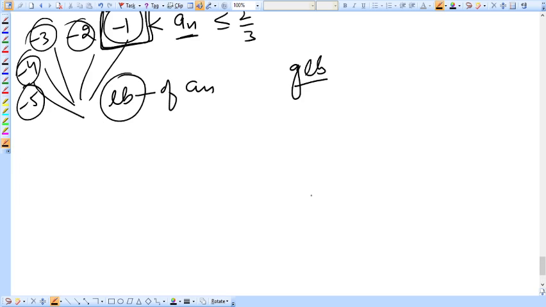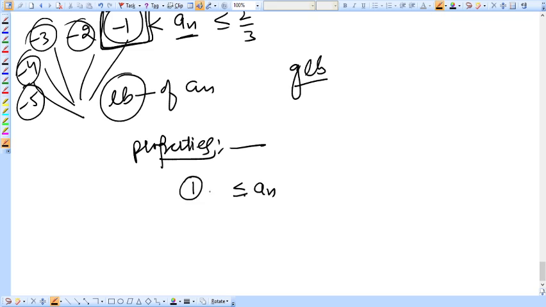So again, some properties of this greatest lower bound. Similar to the least upper bound, the first property: this is a lower bound, which we will represent by L. All the terms of a sequence would be greater than or equal to this lower bound L, for all n belonging to natural numbers.